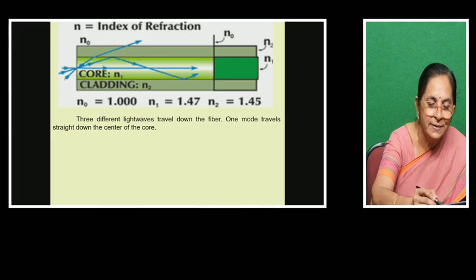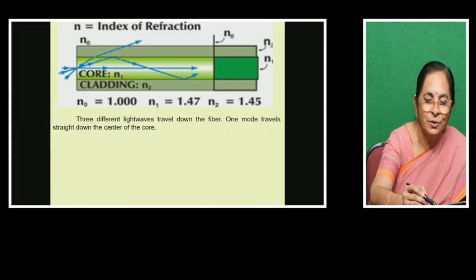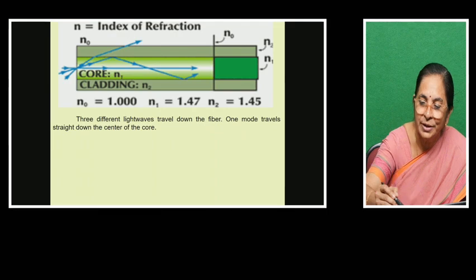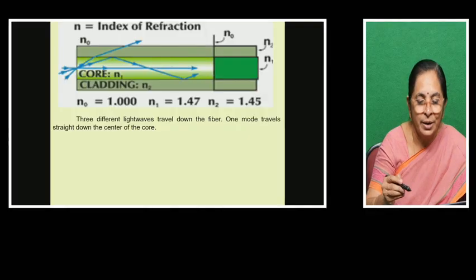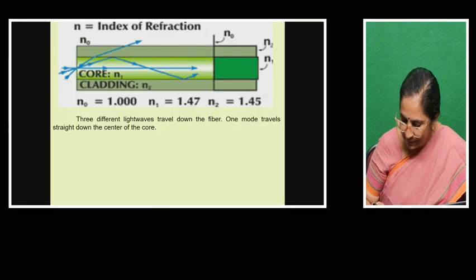If you take this ray, it strikes the boundary between core and cladding at an angle lesser than the critical angle. So what happens? It undergoes refraction. The signal escapes. We want all the 3 signals to reach the other end, but the angle of incidence at the boundary is different. It is lesser than the critical angle, so it just gets away from the core, leading to signal loss.